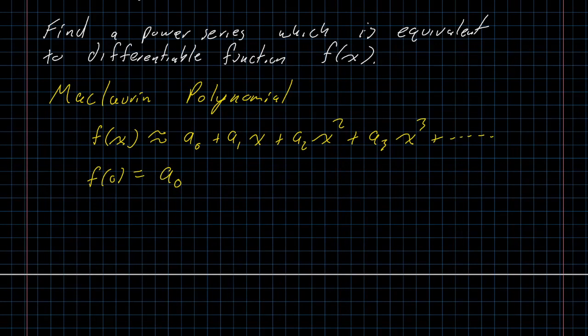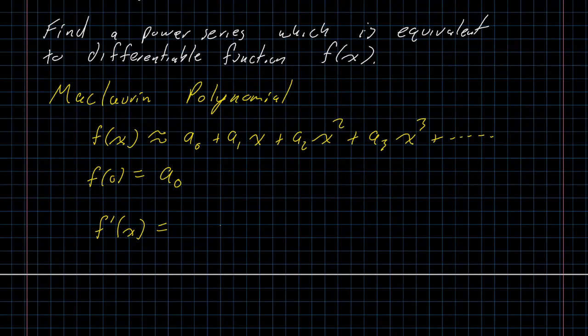For the second coefficient, we have to start getting a little bit creative. And the creativity we're going to use is to take the derivative, f prime of x. Well, the derivative of a constant is 0, so the first term goes away. Then we're left with the second term, a1 times x.